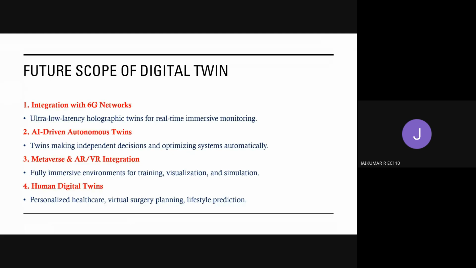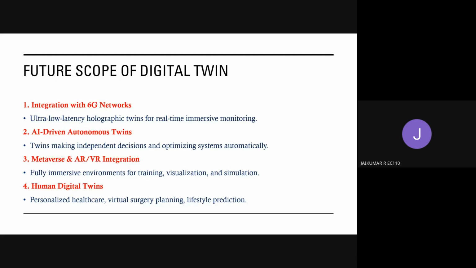The future scope of the digital twin. Now we are using 5G, and the speed of 5G is almost 1 terabit per second. If we are moving towards 6G, and we are almost expecting 6G in 2030, we can have a data speed up to 10 gigabits per second.